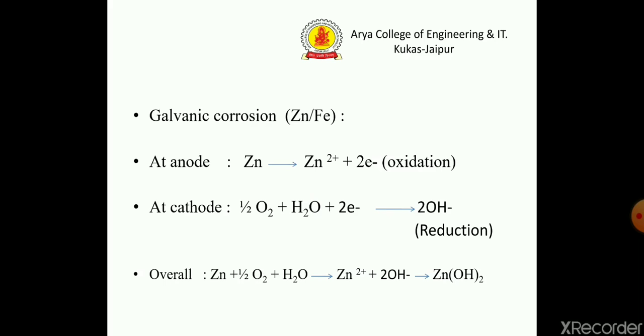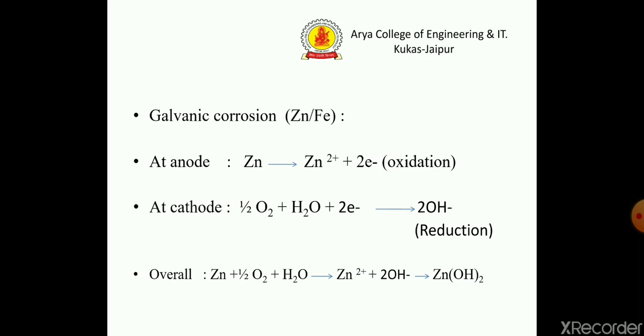Galvanic corrosion in the case of zinc and iron: zinc acts as anode and iron acts as cathode, due to the high electrode potential of zinc and low electrode potential of iron.